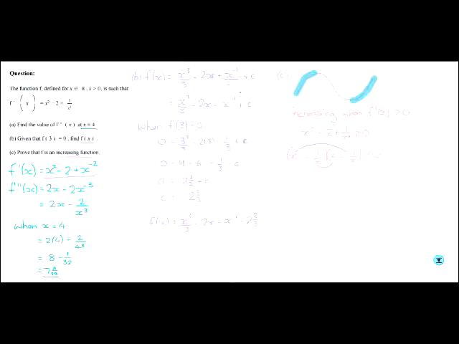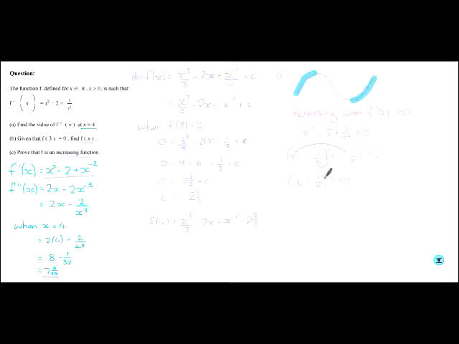So you can see they're both the same bracket, so what I could say is x minus 1 over x, all squared, is more than 0. Okay, so we've got to just prove that this is more than 0 and therefore increasing. If you think about it, it doesn't really matter what x is.